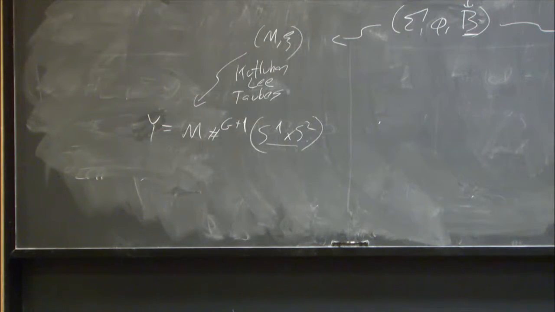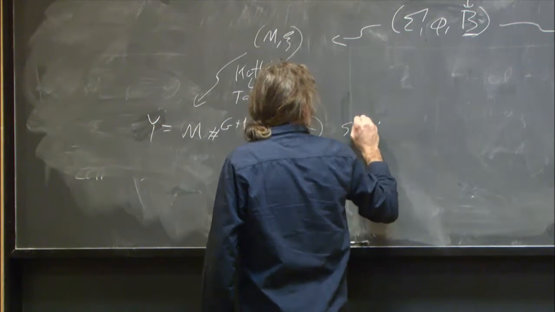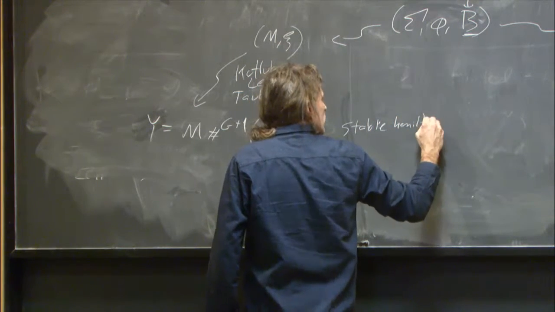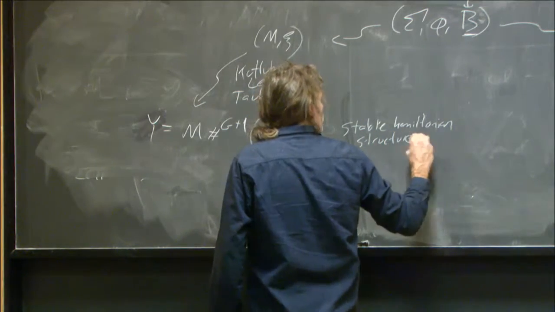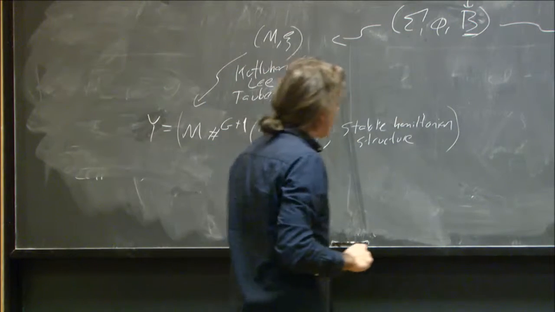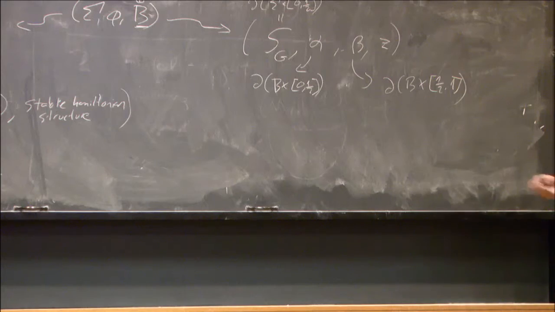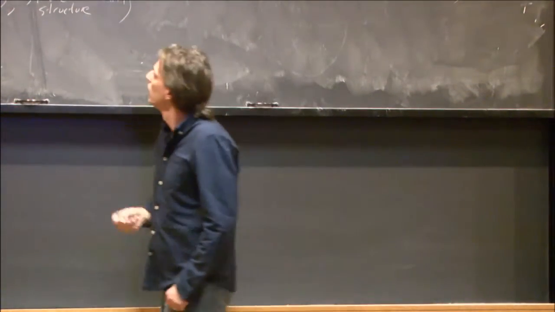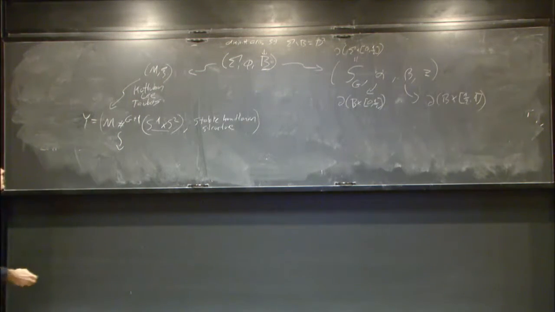And so you obtain this new manifold, and you cook up on it what's known as a stable Hamiltonian structure, which you can think of as just a generalization of a contact form, which in particular is robust enough to give you Reeb dynamics, and so you can run the ECH machine in a slightly simpler form.